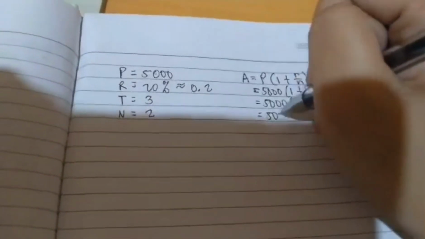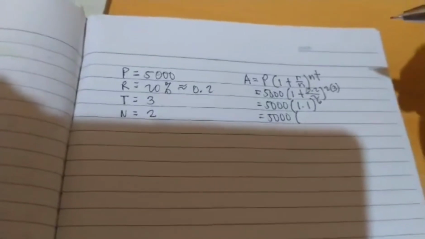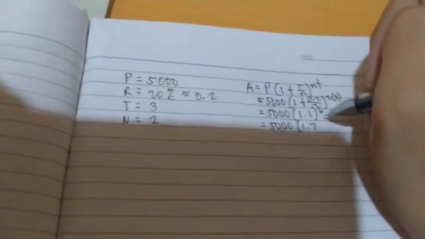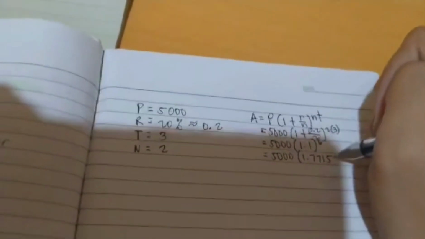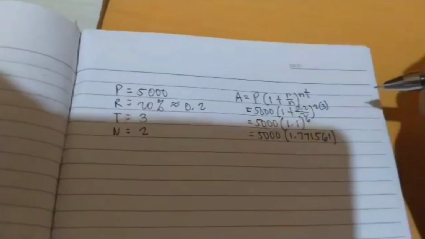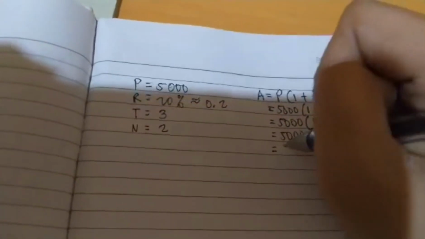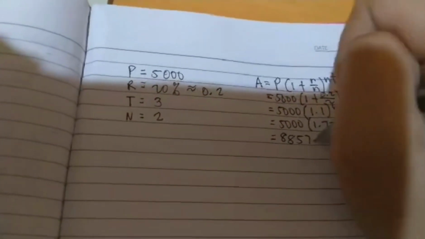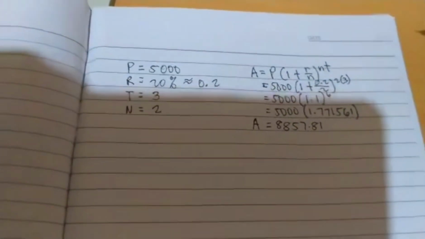Then, we compute the parentheses and the exponent. 5,000 multiplied by 1.771561. Then we compute it. The total amount is equal to 8,857.81.